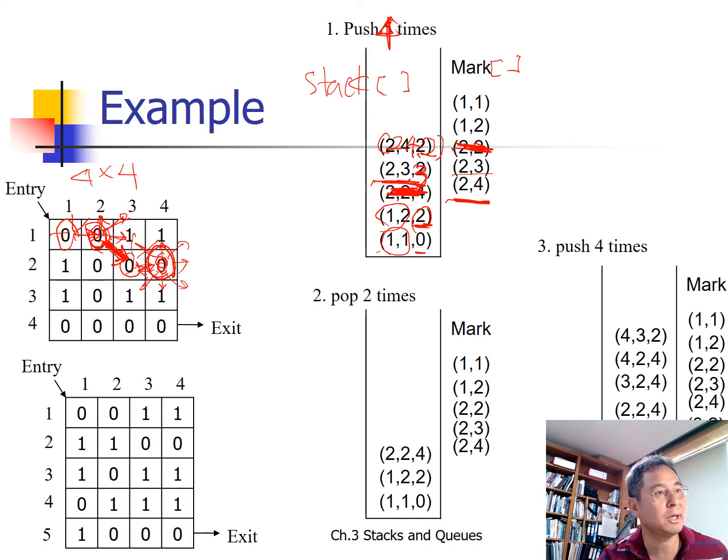Okay, I must change the color here. So blue color here, and we must go back to these positions. Okay, so before we go back, we must pop 2, 4 here from the stack. Okay, so 2, 4.